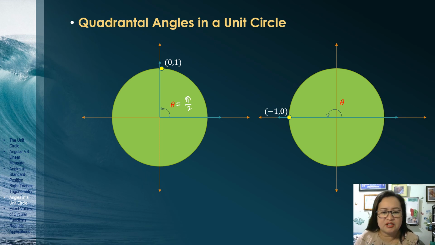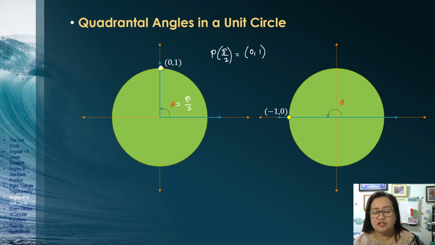Take note that this can be expressed as pi over 2, so P of pi over 2 is equal to the coordinates of this point. Now the second illustration, we have P of pi, and that is equivalent to (-1, 0).